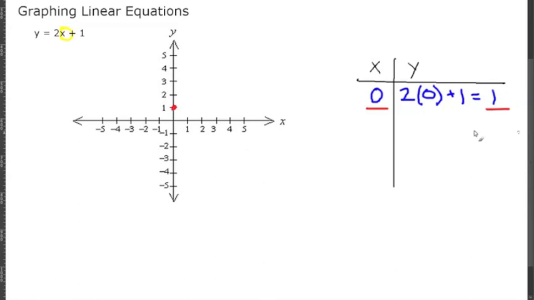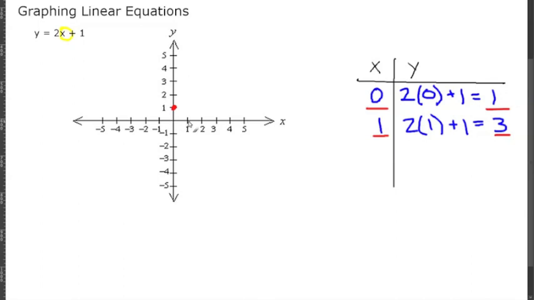Now, let's plug in a 1 for x. So now it's going to be 2 times 1, because remember we're changing this x value, plus 1. 2 times 1 is 2, plus 1 will be 3. So now we're going to plot the point 1, 3.